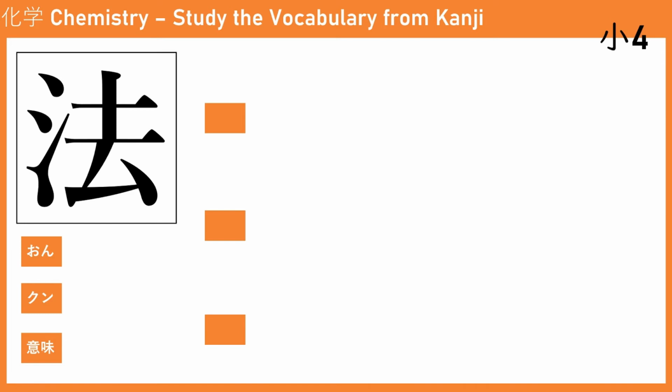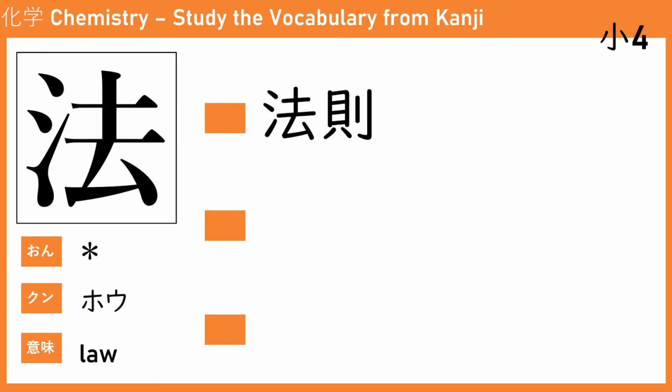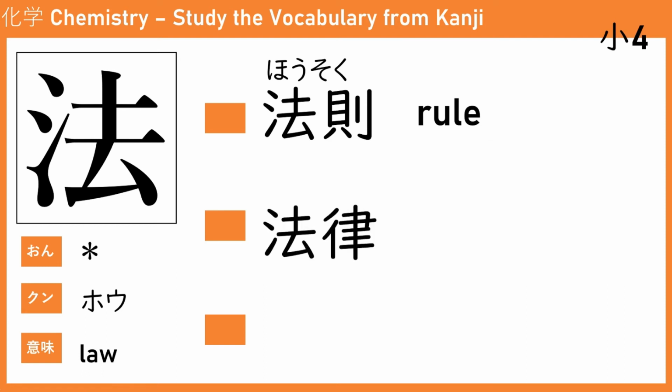The next kanji is 法, which means law. The first one is 法則, which means rules. 法 means the law, 則 usually means the rule. The next one is 法律.